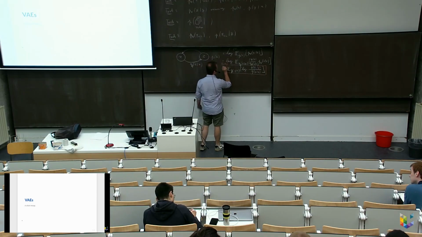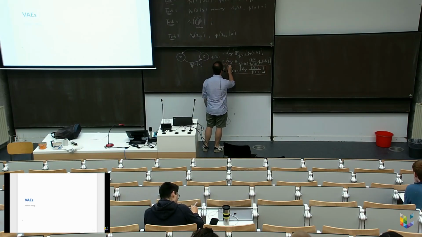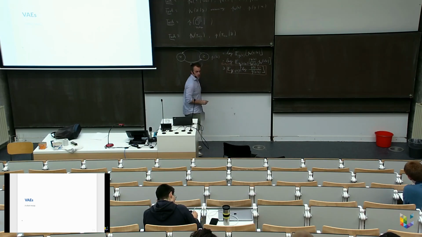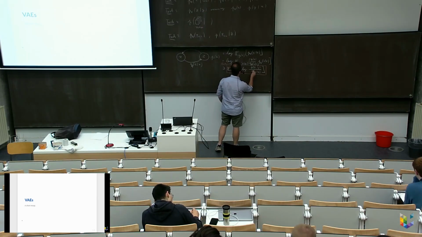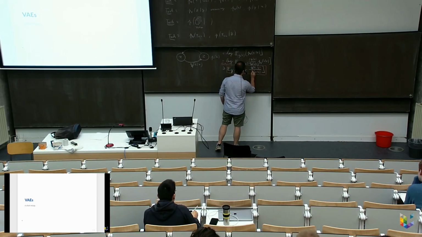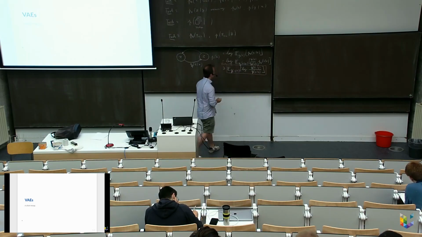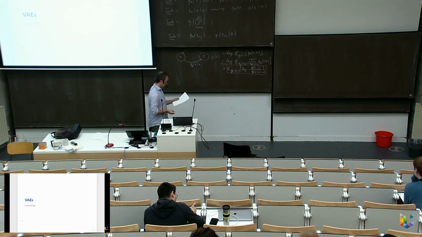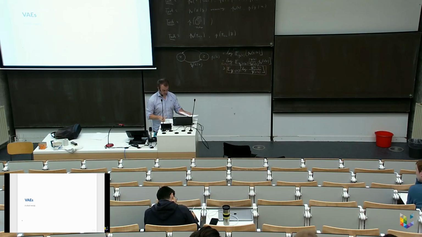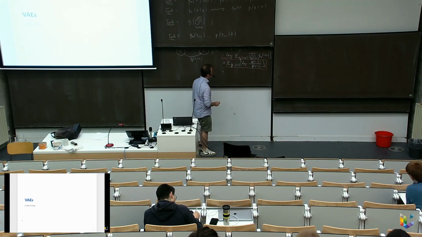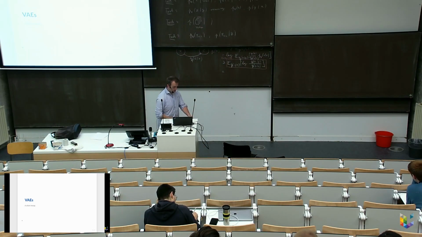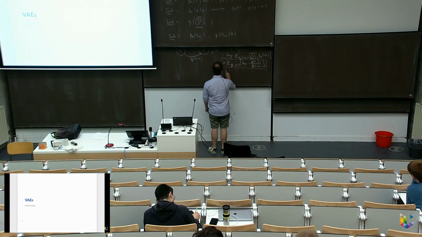What is important, and will be important for today, is that this is something that we need to evaluate at every x that we have in the data set. There are a few things missing there. Should be a theta, should be a phi. This can itself be rewritten in a way which intuitively makes sense as the sum of two terms.